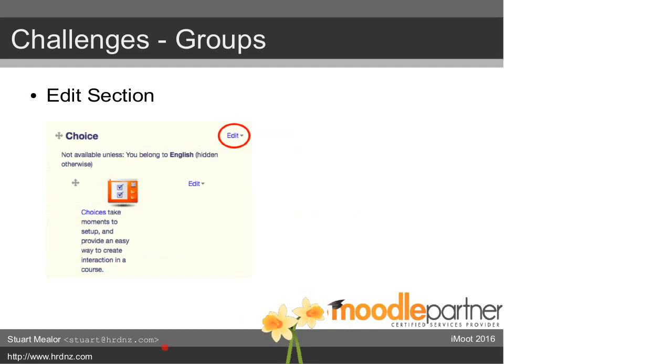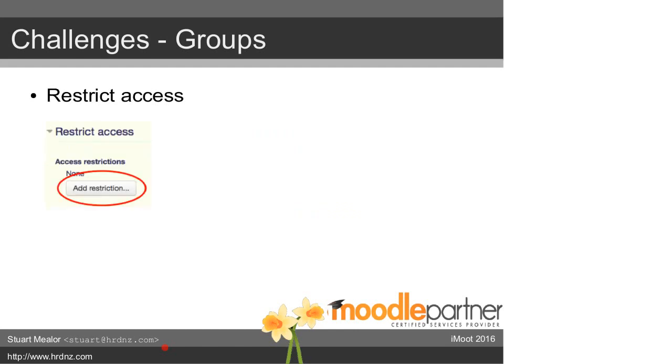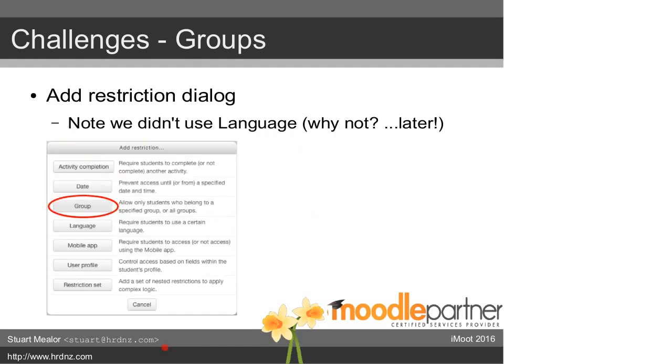The way we achieve that, if you've never seen this before, is that we edit a section. We take a section that's been put together in English, and we edit that. In there, at the bottom, we add a restriction. There are a number of restriction options.